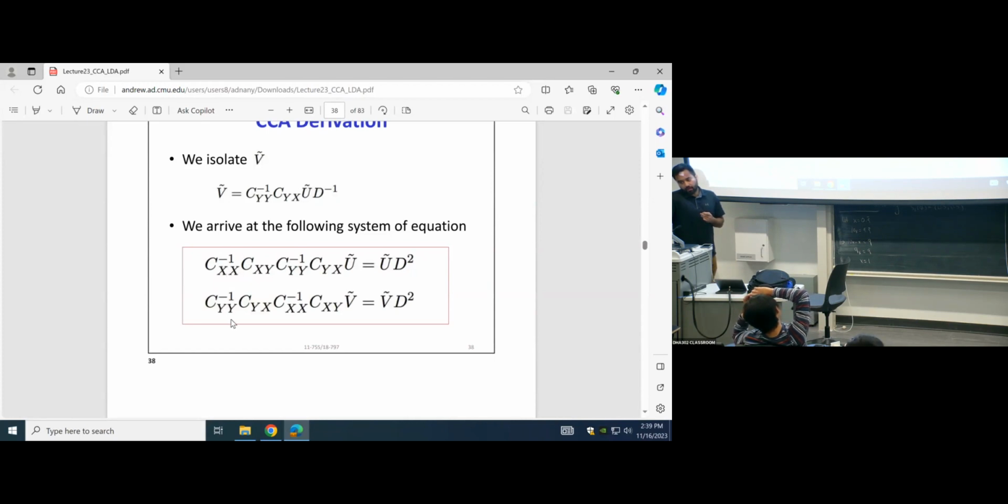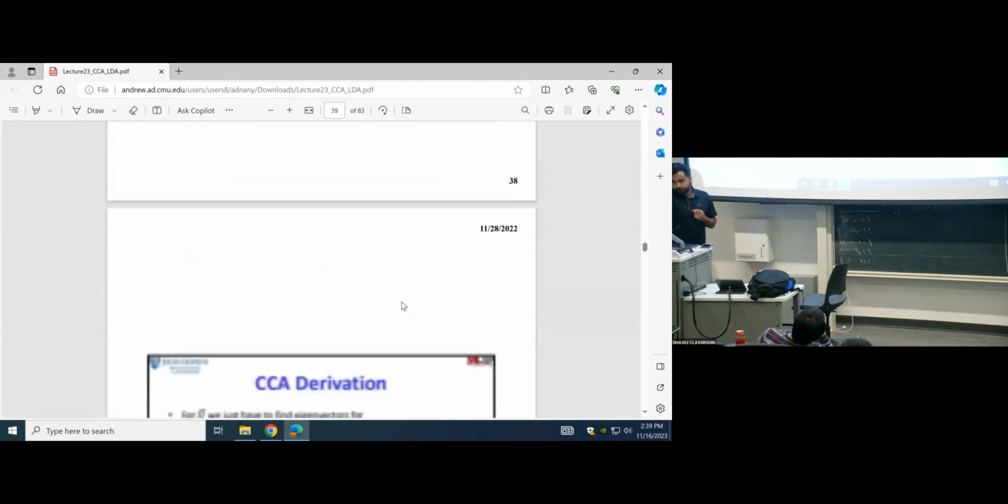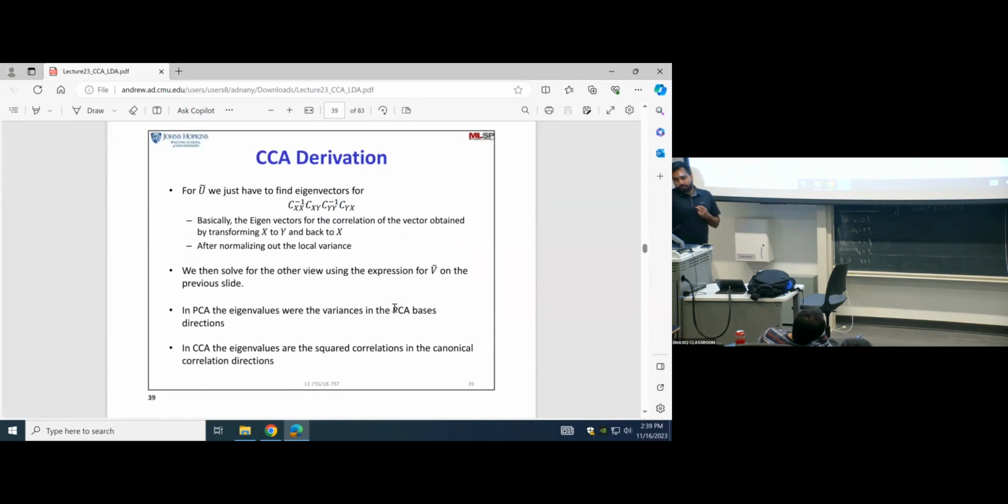And then I'm going from Y to X to Y again. So it's like you're switching to another portal and coming back, and you're reporting some value. That's what these two are doing. Like I said, it's the eigenvectors for the correlation of the vector obtained by transforming X to Y and back to X. Then you normalize the local variance, and you do the same thing for the other one. So keep these two points in mind.